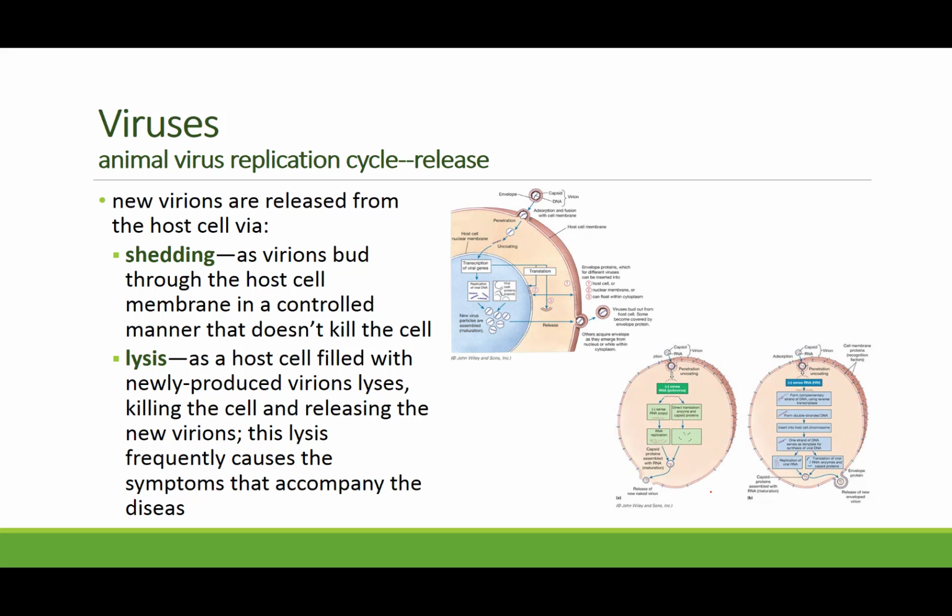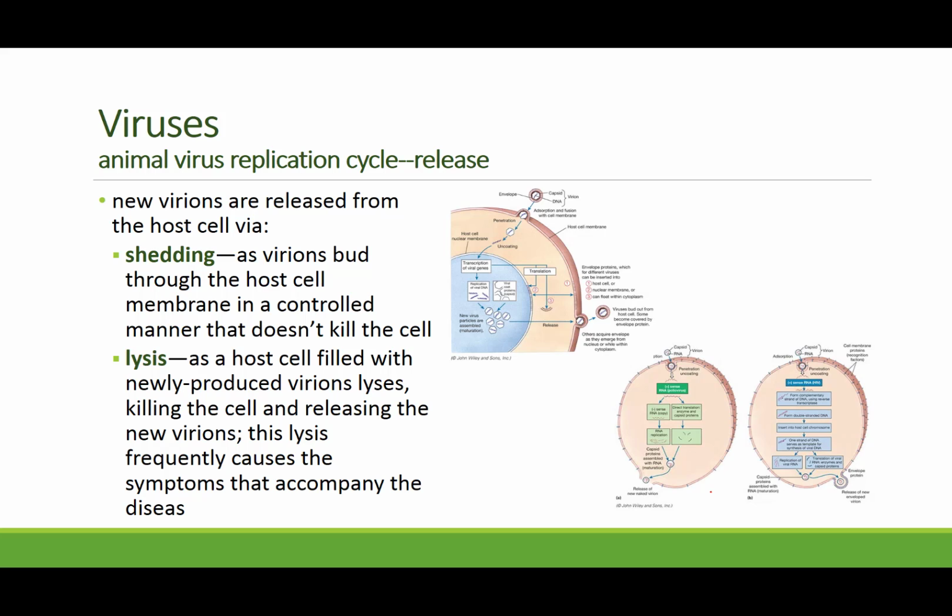And then the new virions can be released in one of 2 ways from the cell. Either by shedding, that's when the virions bud through the host cell. This happens in a very controlled way, and it doesn't kill the cell. So the cell just kind of makes, over time, viruses a few at a time, and then they're shed away from the cell.